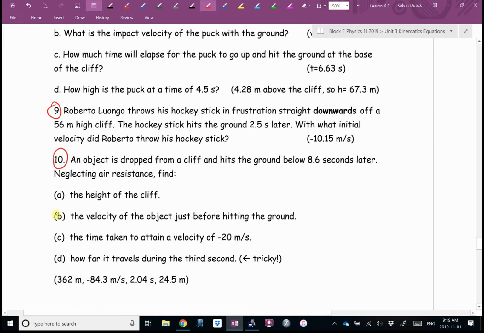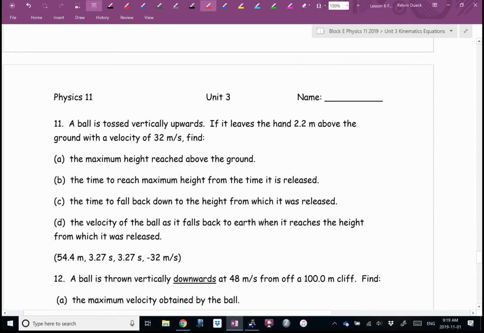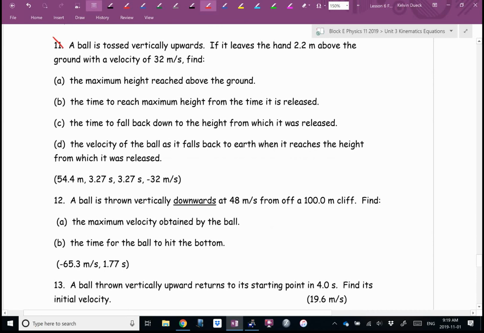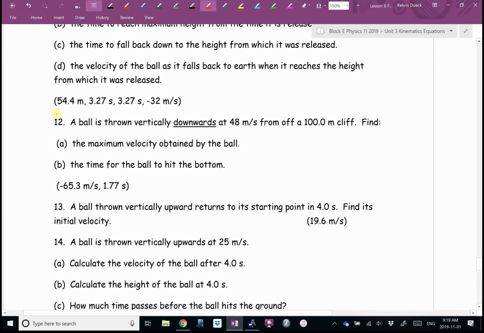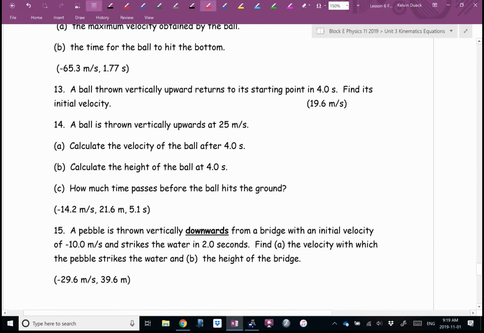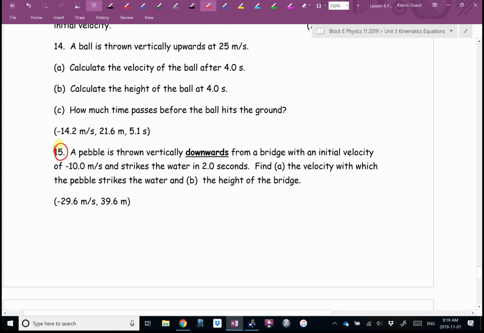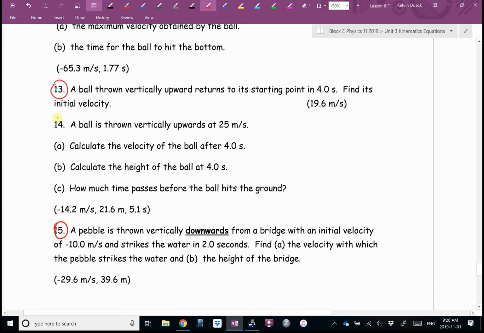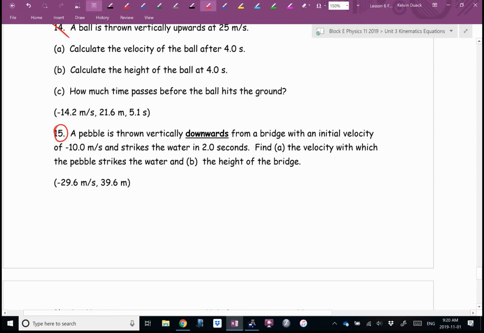You can do 10, but cross out D. So 10 ABC. You can cross out 11. That was the one I knew I was going to cross out. I don't like that baseball question. 12 is good. 13 is good. 14 is good. You can cross out 14. 15 is good.